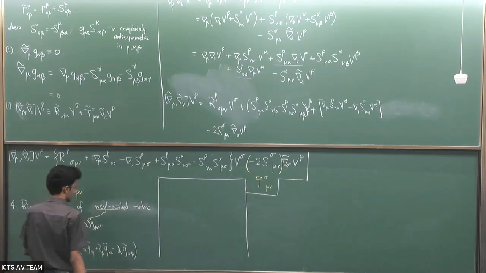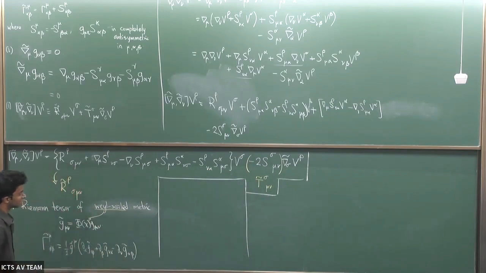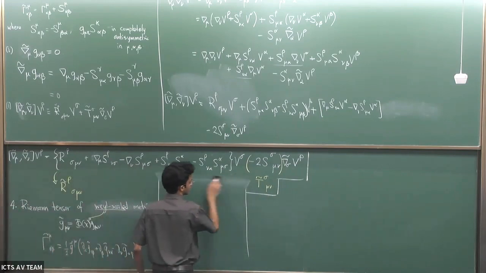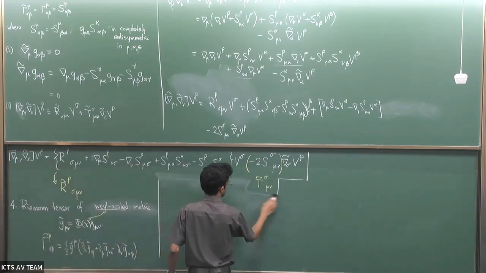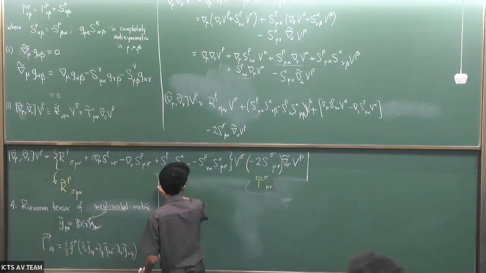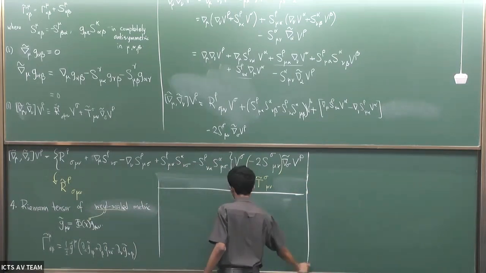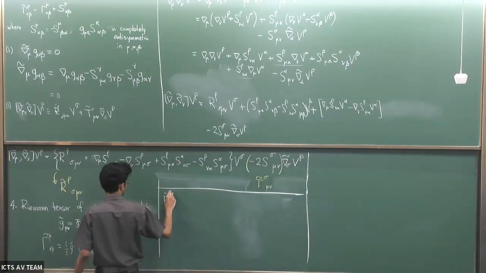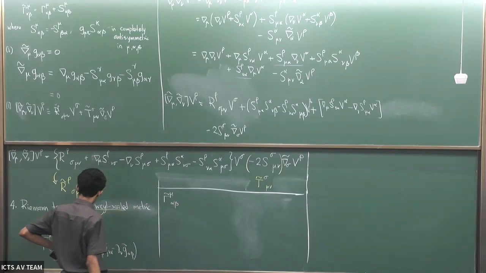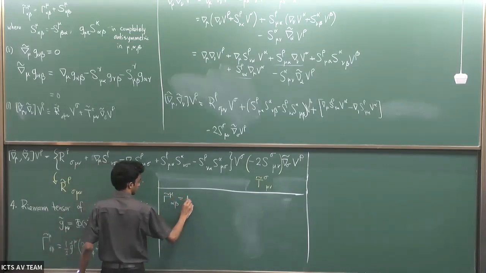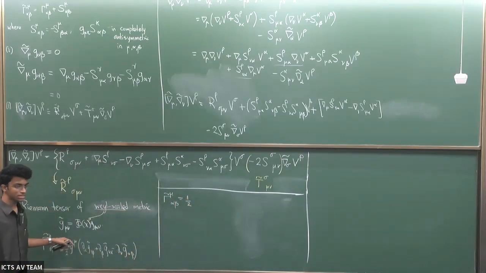Okay. So then, it's a bit inconvenient. So then gamma tilde mu alpha beta is just half. Remember that G upper is just inverse of G lower. So this gives you a phi inverse.